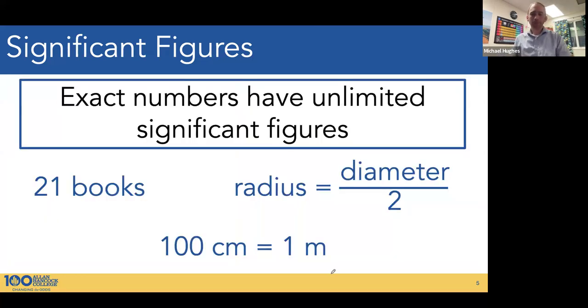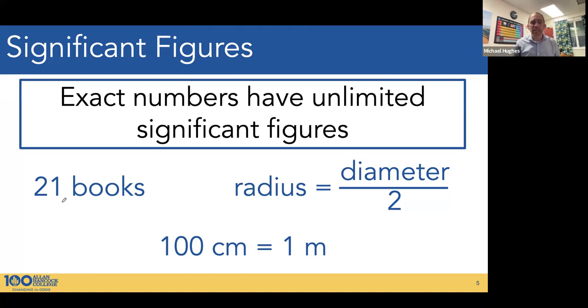But before we do that, not all numbers are created equal. Remember, we're talking about numbers that come from instruments with uncertainty, and we're trying to continue the knowledge of that uncertainty through our calculations of our measurements. But something like 21 books is not measured with a ruler or a balance.